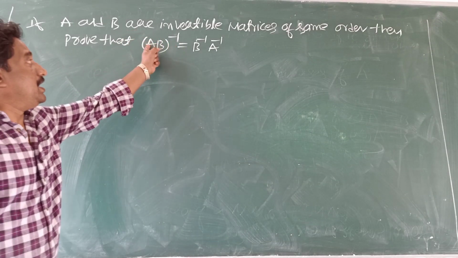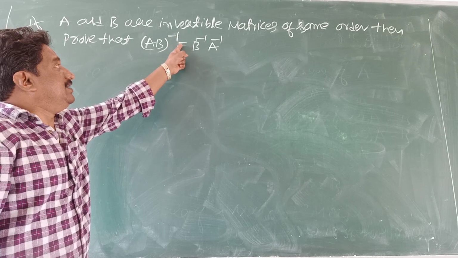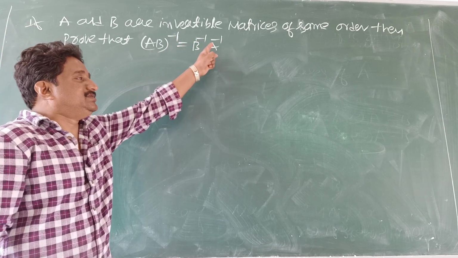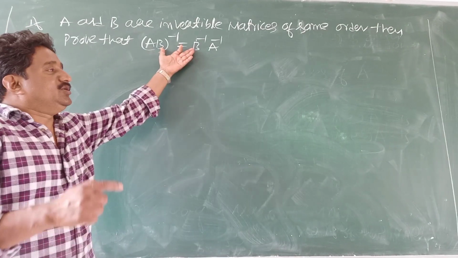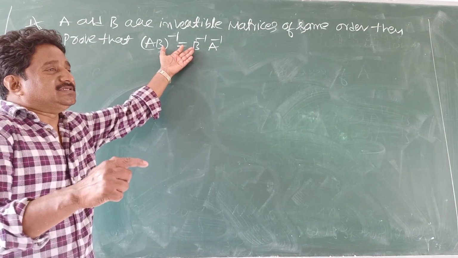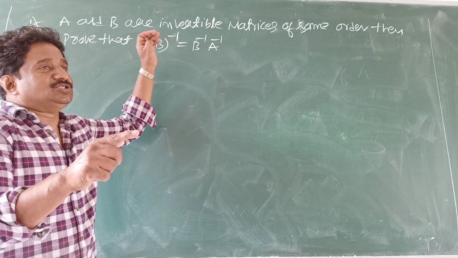So try to remember this, students. (AB) whole inverse is always equal to B inverse A inverse. This you have already seen in transpose.